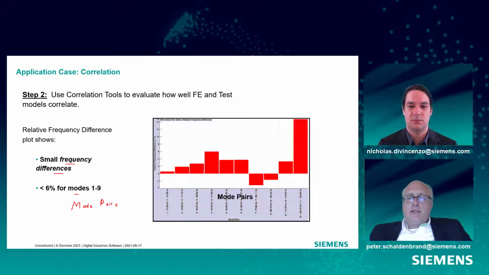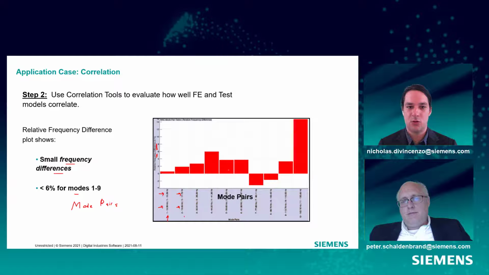So along the x-axis here, we have mode pairs. So we have one from FE, one from test, one from FE, one from test. And this is the difference in frequency. And what does this tell you, Nick? So it looks like for several of those mode pairs, there's pretty good correlation, I would say.